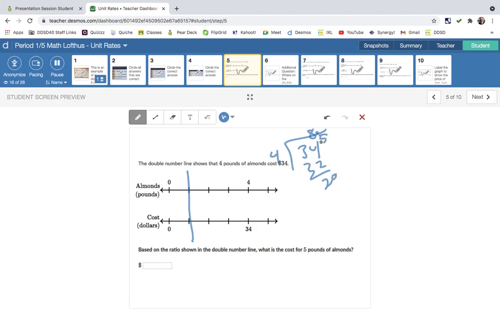So it would be $8.50 per pound. And we could times that by 5. So 5 times 8 is 40, and then half of 5 is $2.50, so $42.50 for 5 pounds of almonds. And that kind of makes sense. 4 pounds would be $34. These are all in dollars. Okay.